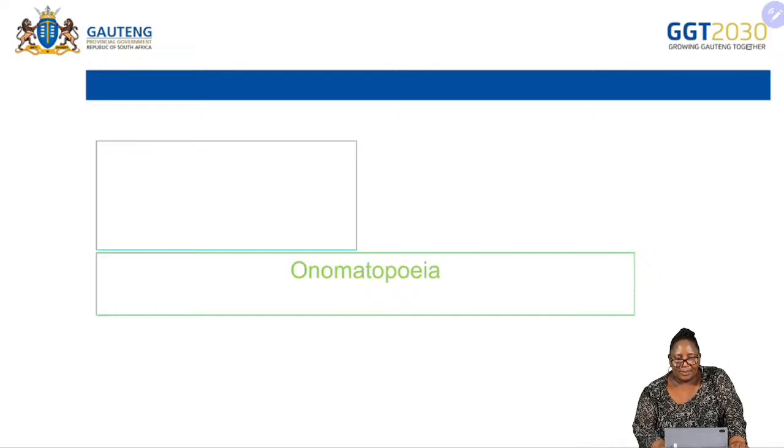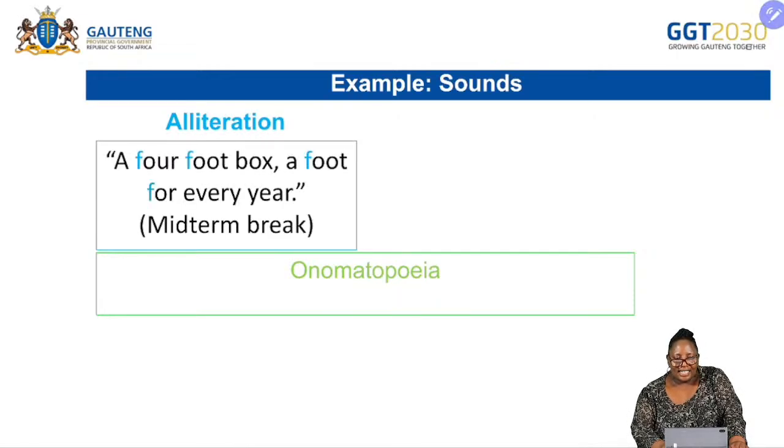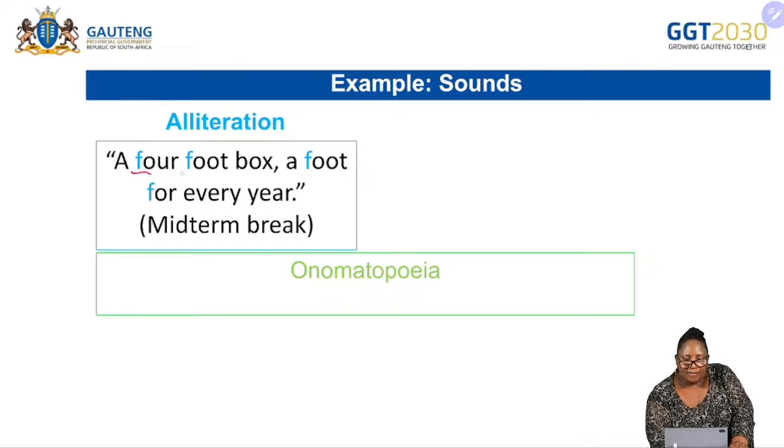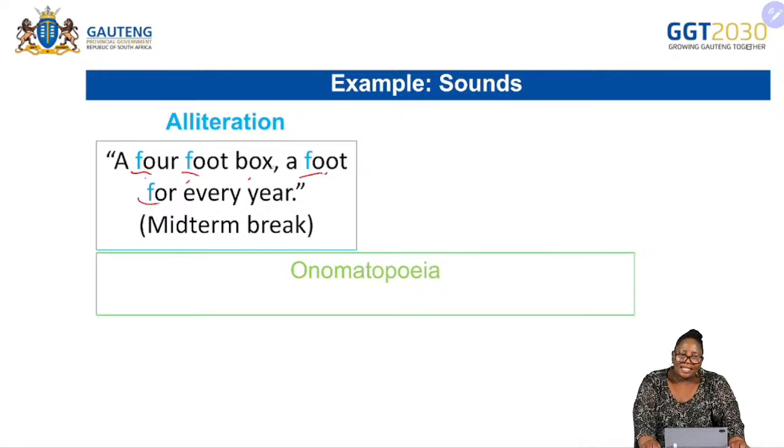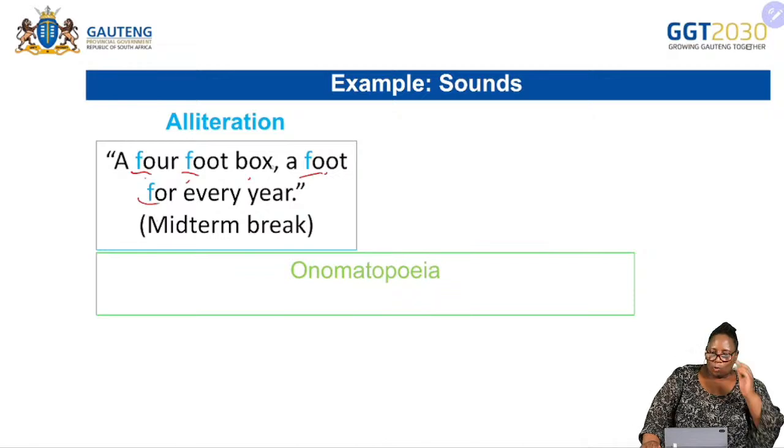Let's see what is being repeated here. The F sound, that is for the alliteration. "A four-foot box, a foot for every year." So we immediately know that that child was four years old.